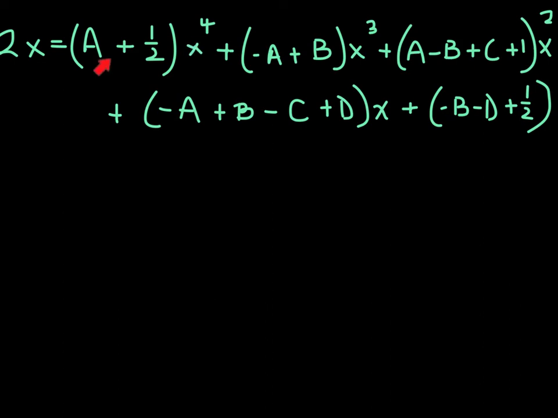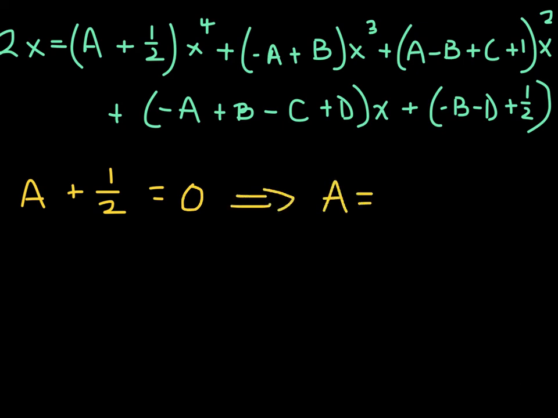So a plus 1/2 must be equal to the coefficient of degree 4 on the left-hand side. However, the left-hand side is just 2x. So where is the degree 4 term on the left-hand side? It's not there. Therefore, the coefficient of the degree 4 term on the left-hand side must be 0. So a plus 1/2 is equal to 0. That right there implies that a is equal to negative 1/2. We have one of our constants. Okay?